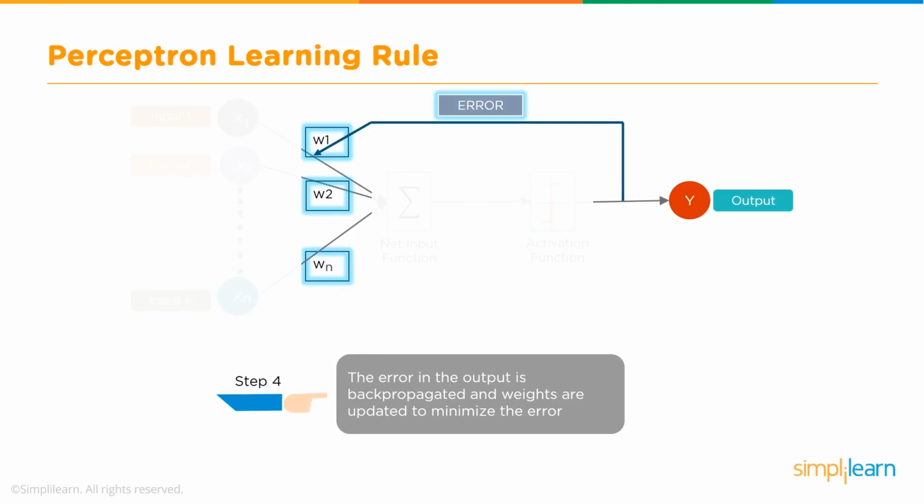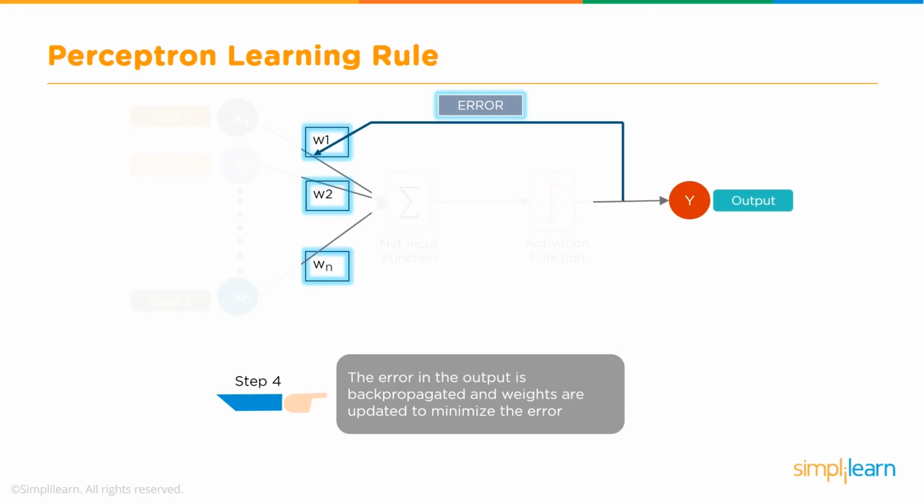So till the error is minimized, iteratively the weights and biases keep changing, and that is the training process. So the whole idea is to update the weights and the bias of the perceptron till the error is minimized. The error need not be zero.